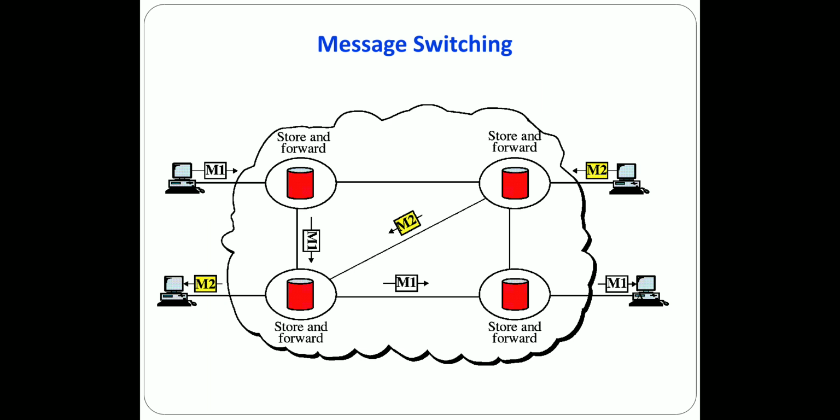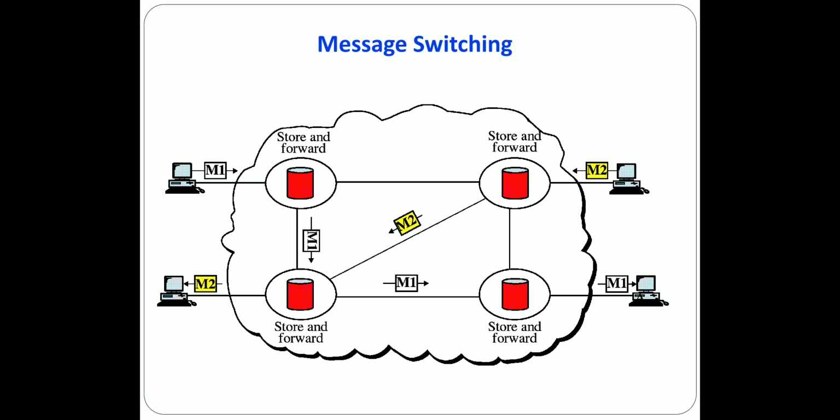Message switching is normally known better by the term store and forward. What happens is, in this mechanism there is a node which receives a message, stores it until it finds a route which is free, and then once it finds a free route, it sends along the message.